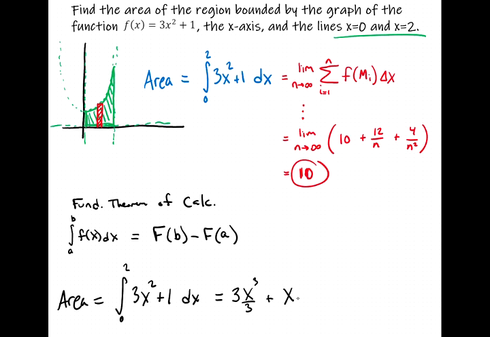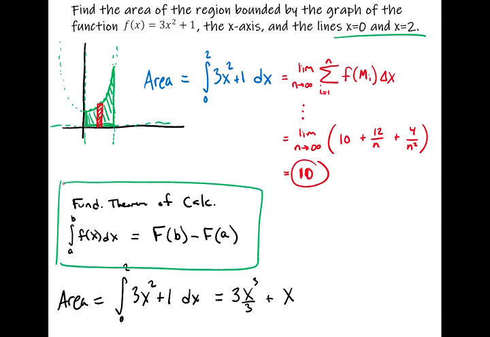And we don't need the plus c. The reason we don't need the plus c with definite integrals is, if we look at the fundamental theorem of calculus, capital F is an antiderivative of f of x. So you're going to have a plus c here, and you're also going to have a plus c here.